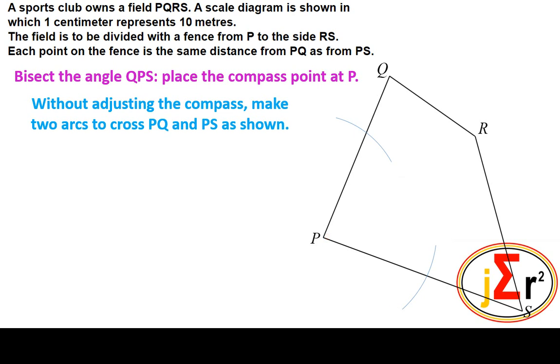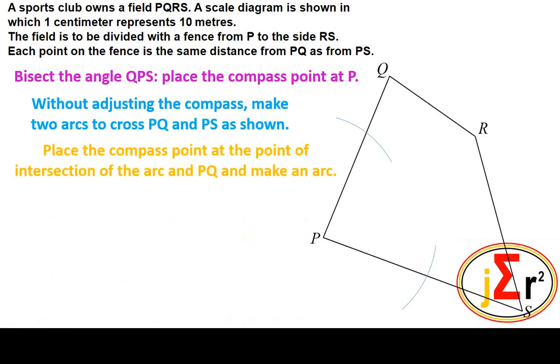Now, why is it that we should not adjust the compass while making those arcs? Because we need the distance from P to this arc to be the same as the distance from P to this arc. We therefore need to make those two arcs without adjusting the compass. Place the compass point at the point of intersection of the arc and PQ and make an arc.